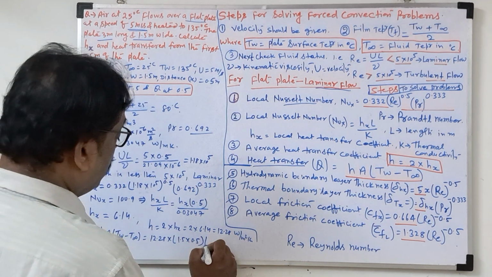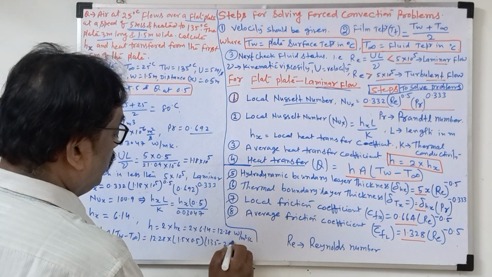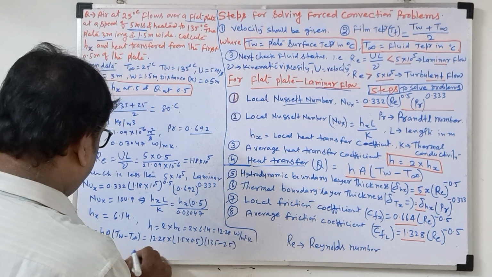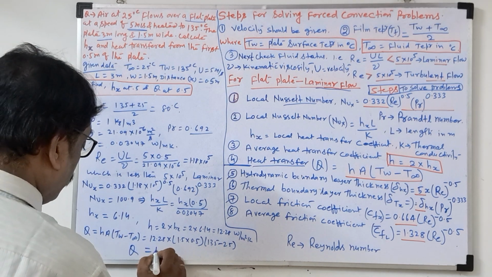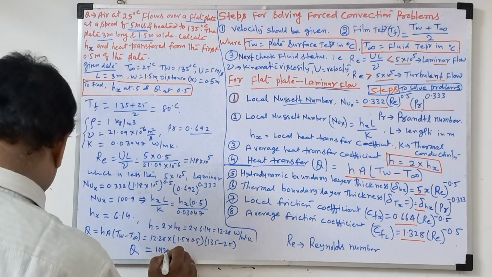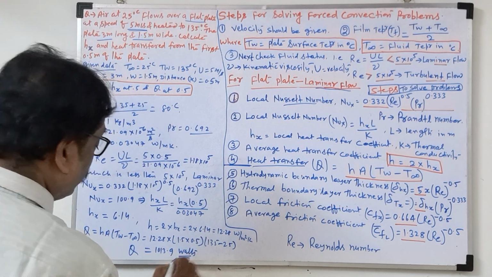Then the temperature, 135 minus 25. This value will come, and Q will come 1013.9 watts. So this is what they are asking in this question.